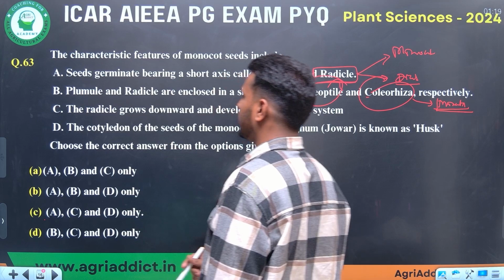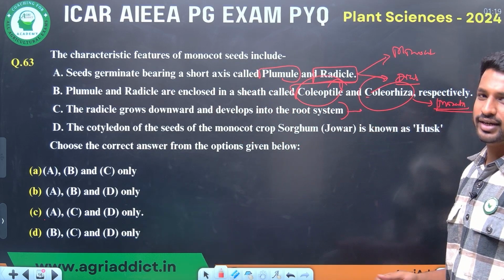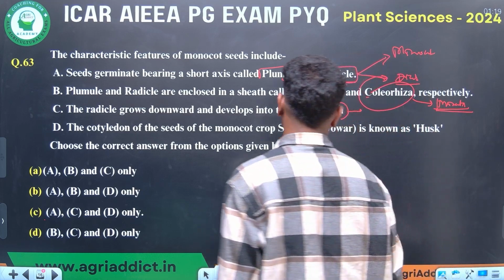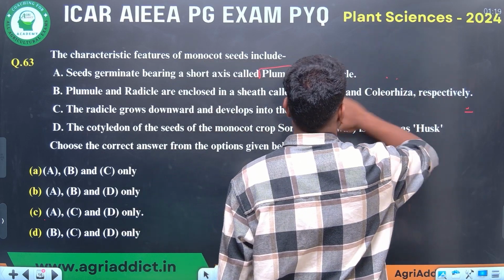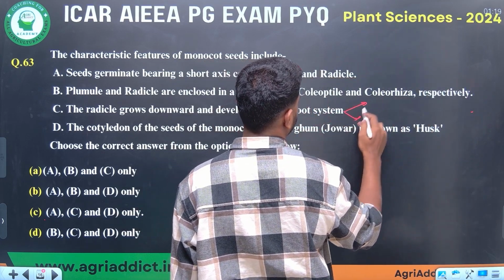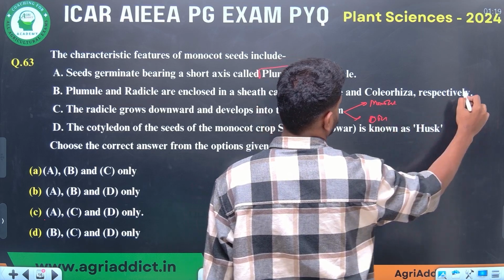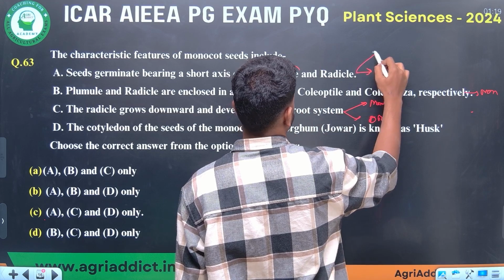The third one, the radical grows downwards and develops into the root system. This is true, the radical is the part which goes downwards and develops into the roots, but is it true for only monocots or for both? It is true for both monocots and dicots.